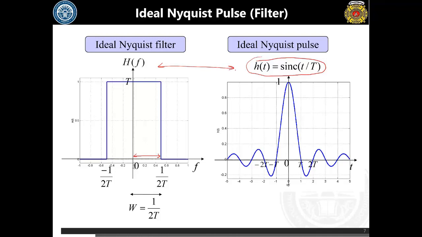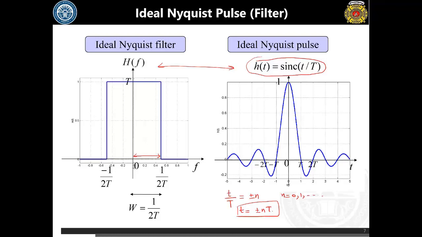Corresponding to this H of f, the impulse response is sinc of t over capital T. And if you find the zero crossings of this sinc function, you must know that zero crossings occur when the argument of the sinc function is equal to plus minus n, where n is from 0, 1, 2 to infinity. So it means t will be equal to plus minus nT. It simply states that the zero crossings will occur at the integral multiples of the sampling period.